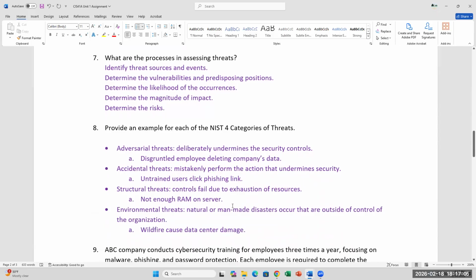One, adversarial threats. These are deliberate, intentional. And even if you have security control, they will undermine it. So the job of the attacker is to perform their task, go into the target, take the data and leave, right?